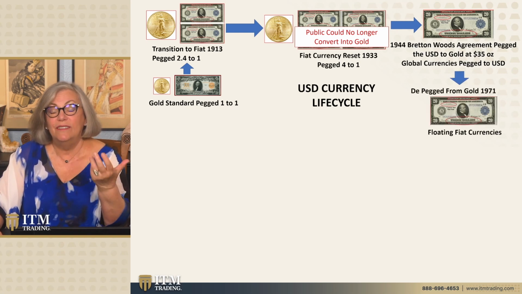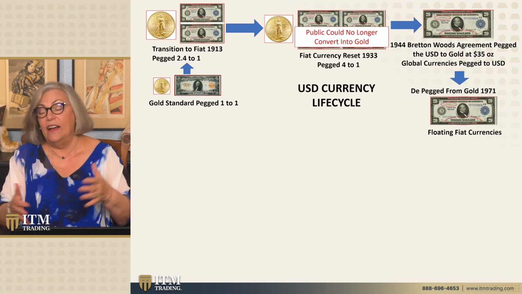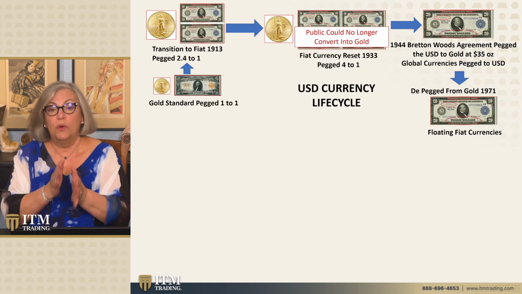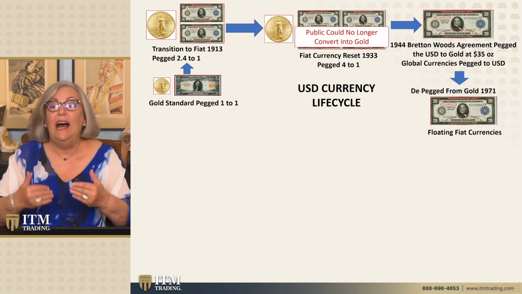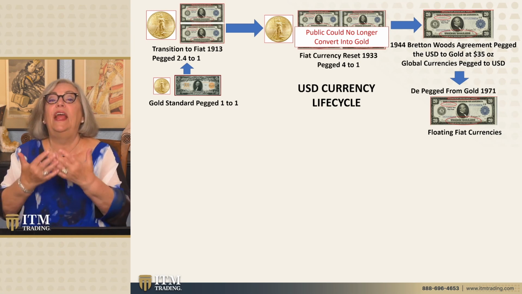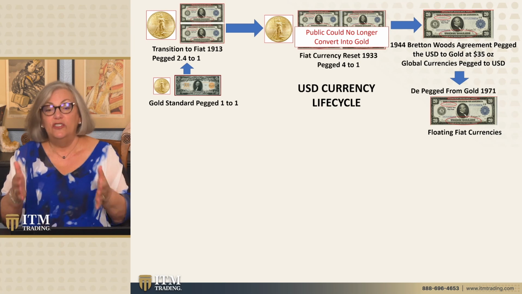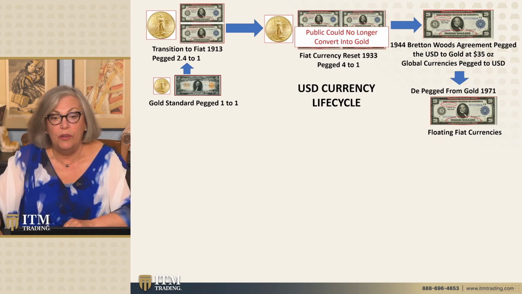But of course, that didn't last very long. In 1971, as the US went into the Vietnam War, those pegs were breaking because we were printing a lot more money, inflating, shipping out inflation to the global economies. And so those pegs broke.